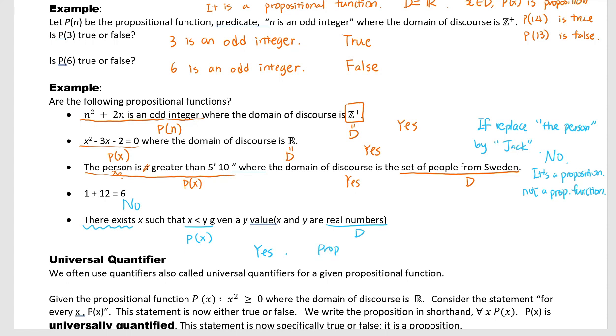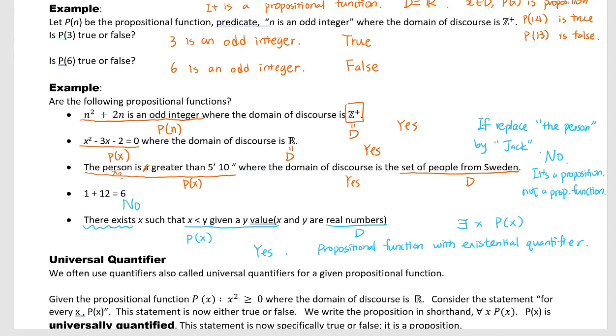And this is a propositional function with an existential quantifier. And we will talk about what the existential quantifier is, and the notation for it. So there exists x such that p of x, x less than y, given a y value.